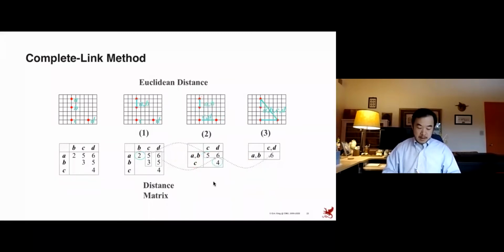A complete link is a little bit more interesting, right? Here, you are measuring the distances between C and AB, and C and others, using what is known as the complete link, meaning that the distance between AB and C is from this point to that point, which is further than the distance between C and D. Therefore, you are going to group C and D together first.